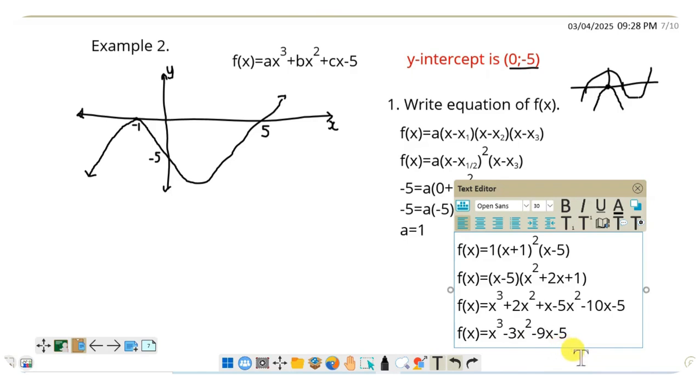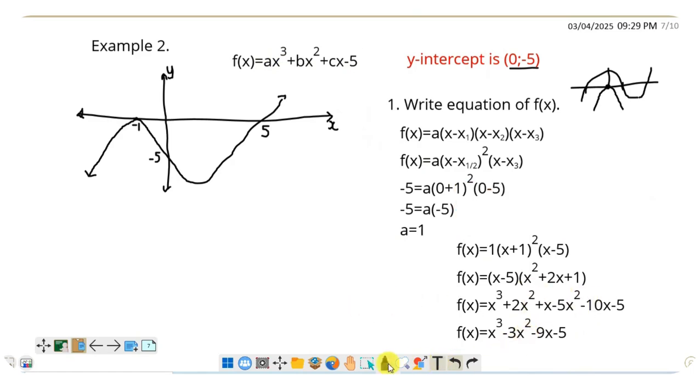So the final equation of f of x is x cubed minus 3x squared minus 9x minus 5. Okay, so it's in standard form. We have found f of x. Okay, let's go to the next question.